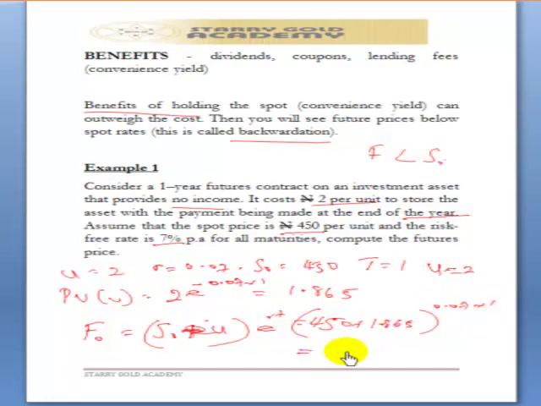So our final answer will be 484. Please put it in your calculator: 484 naira and 63 kobo. That is the future price of the asset if we incur the cost of carrying it. You know, it has improved from 454 to 484. So that is that.